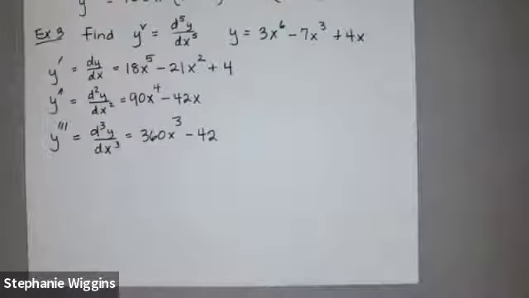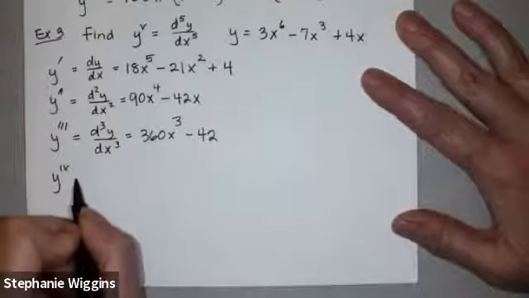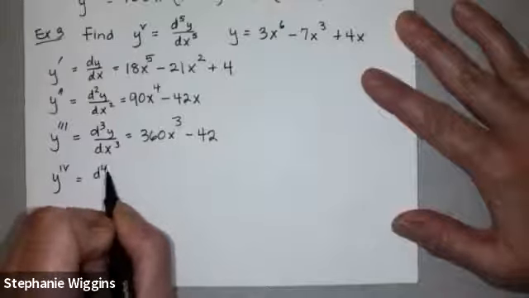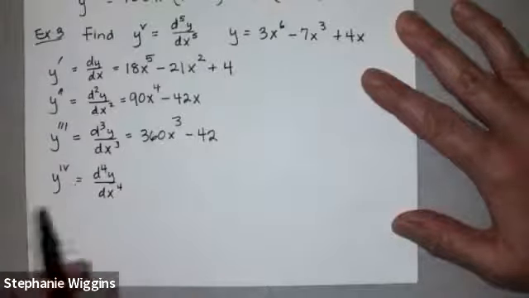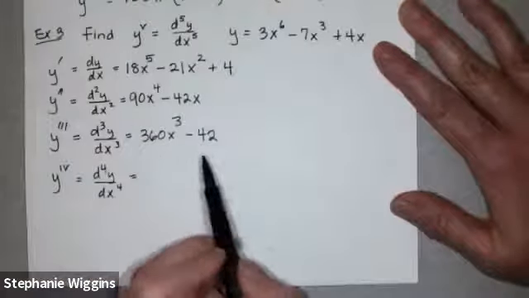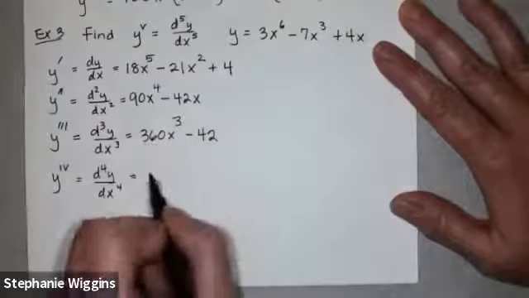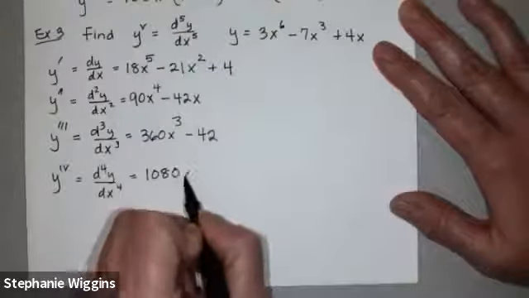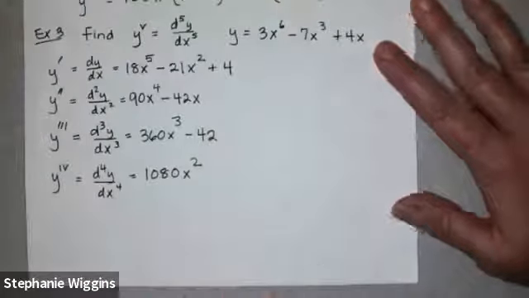And then the fourth derivative. So you will see either one of these types of notation. Again, you just take the derivative of the one that came before it. 3 times 360 is 1080x squared, and the derivative of negative 42 is 0.